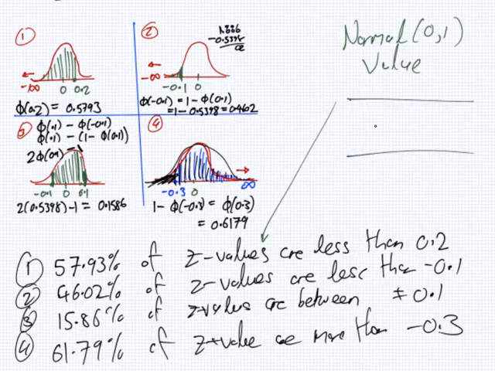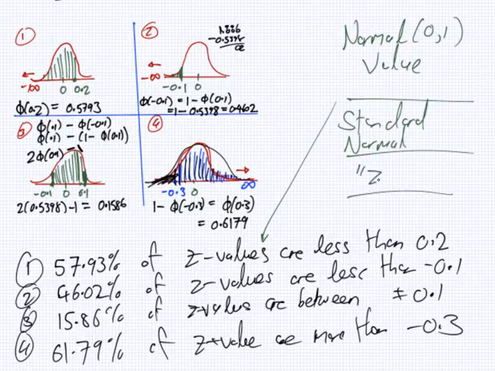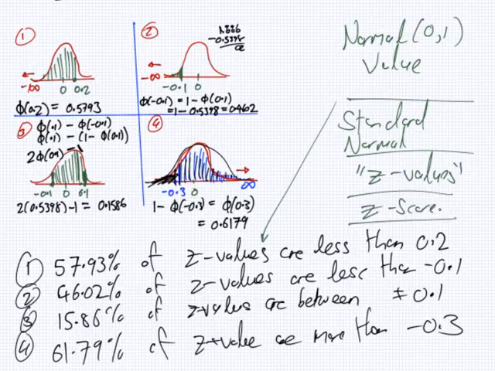And then another name for it is standard normal as well, or as I just call them, Z values, or sometimes people call them Z scores, which are slightly different, but that's okay too. So just different names for the same thing. Okay, can you write that down?